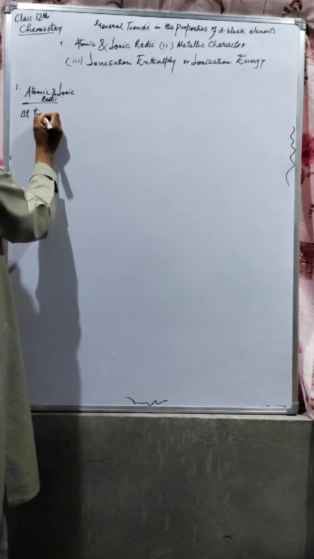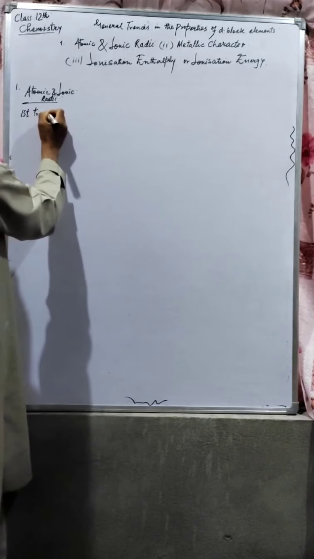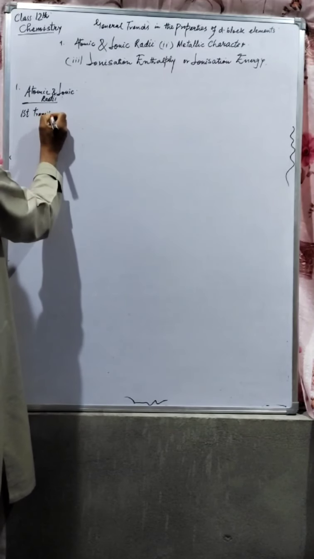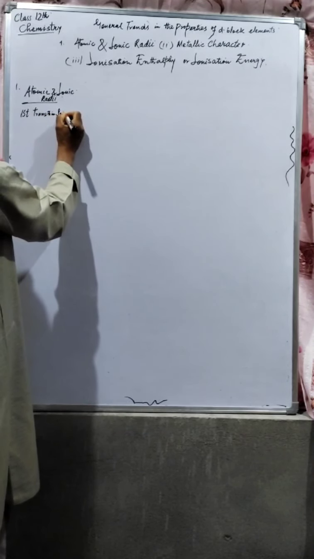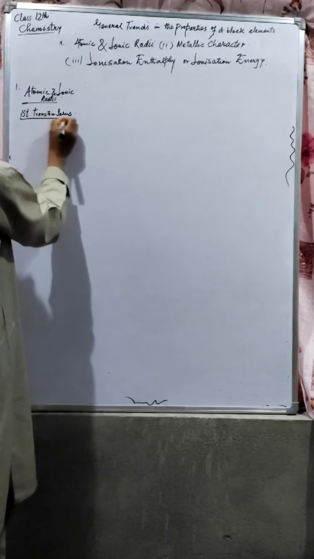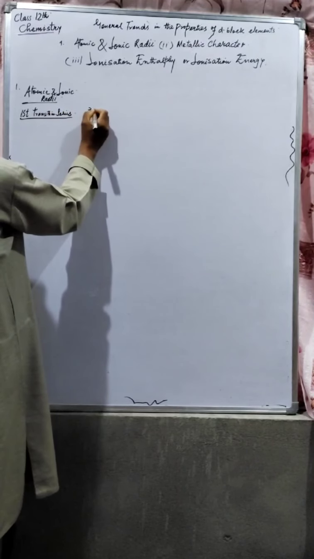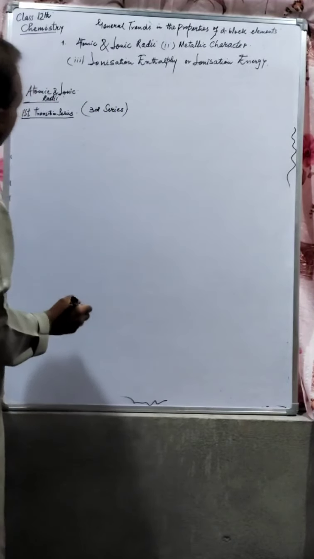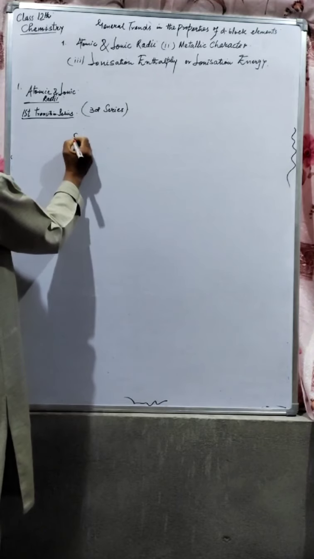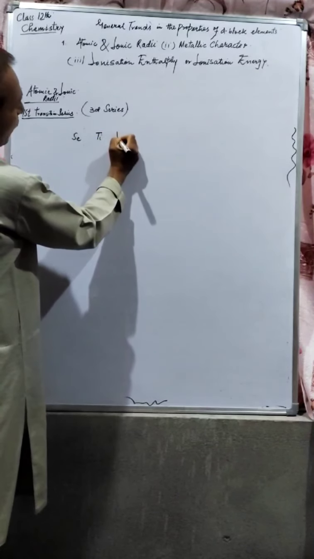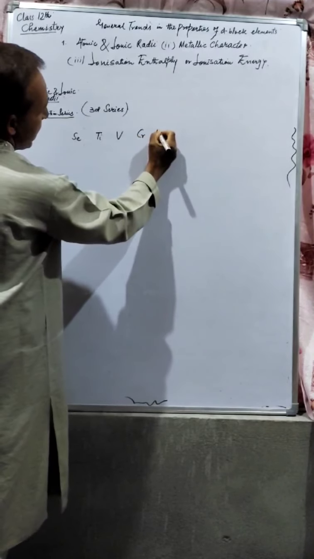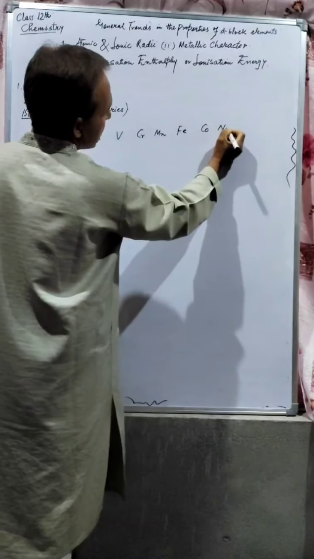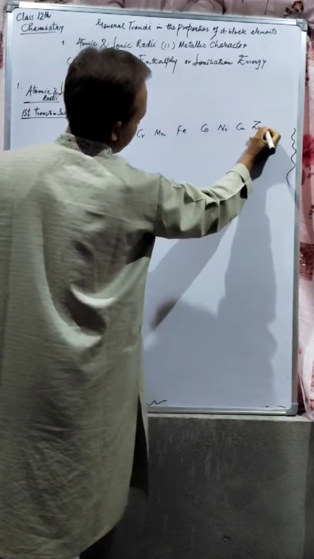The elements of the first transition series or 3d series are scandium, titanium, vanadium, chromium, manganese, iron, cobalt, nickel, copper, zinc.